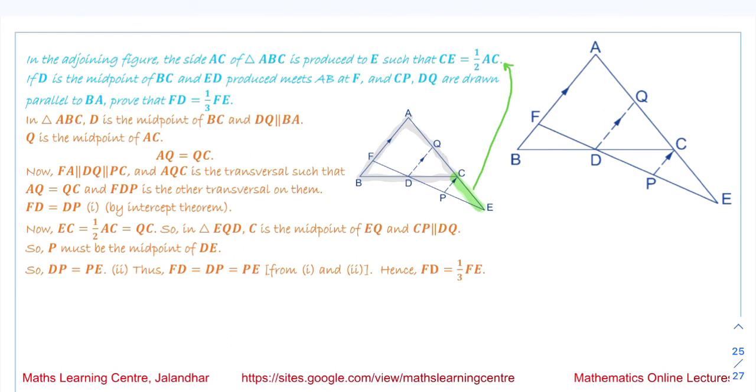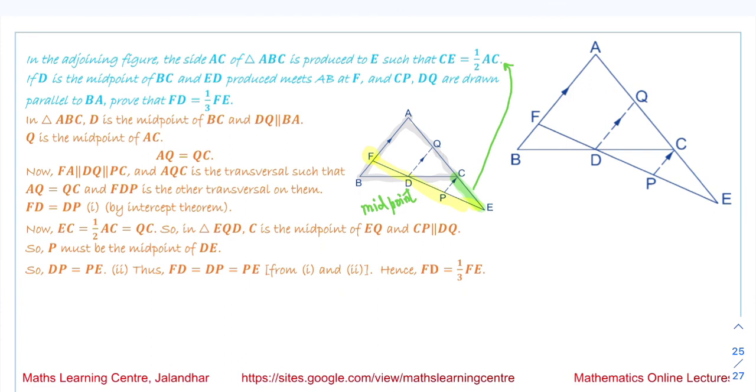D is the midpoint of BC, and ED is produced to meet AB at F. We have produced this ED, and it meets AB at F over here.